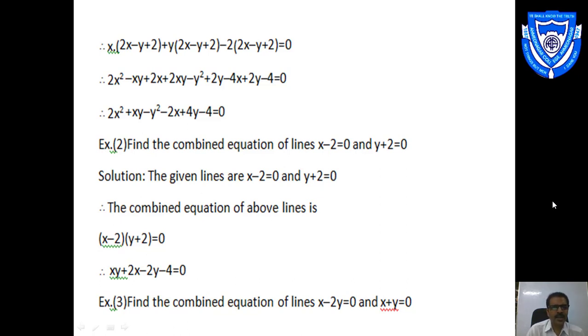Open the brackets. x into 2x is 2x square, x into minus y is minus xy, x into plus 2 is plus 2x, plus y into 2x is 2xy, y into minus y is minus y square, y into plus 2 is 2y, minus 2 into 2x is minus 4x, minus 2 into minus y is plus 2y, minus 2 into plus 2 is minus 4, is equal to 0. Now let us collect the like terms and take the precise addition or subtraction among them.